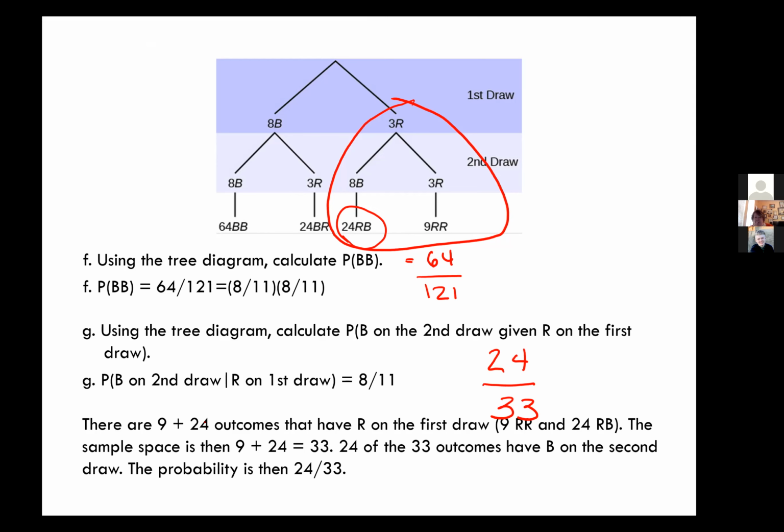There are 9 plus 24 outcomes that have red on the first draw, 9 red-red and 24 red-blue. The sample space is then 9 plus 24, or 33. 24 of the 33 outcomes have blue on the second draw, given the first draw was a red.